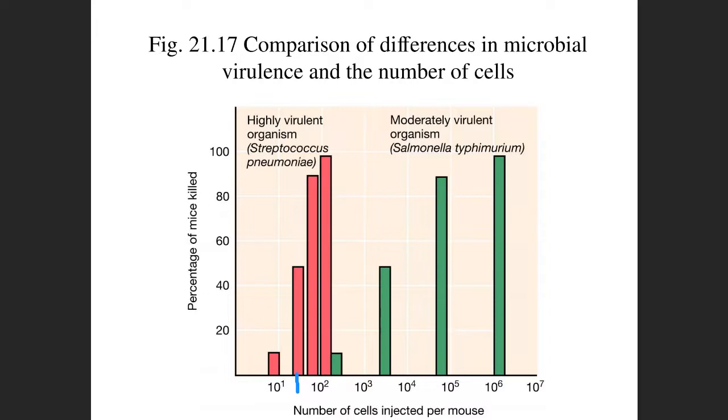You would have to inject 500 or 5,000 Salmonella into one mouse in order to kill, versus you inject 50. So it's 50 versus 5,000. Okay, so compare these two, your conclusion of which bacteria is more infectious. Streptococcus. Yeah, so it's clearly Streptococcus, right? It's 100-fold more infectious.